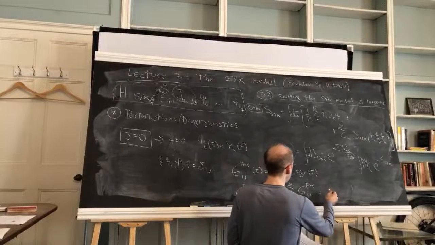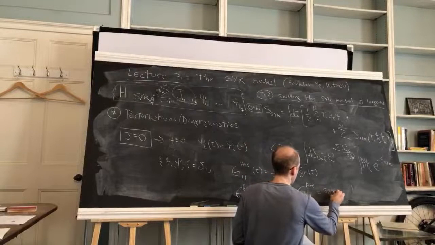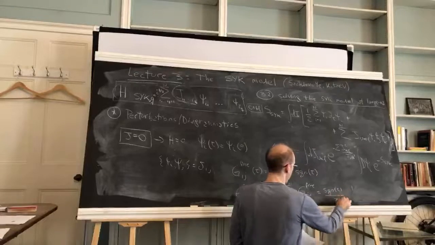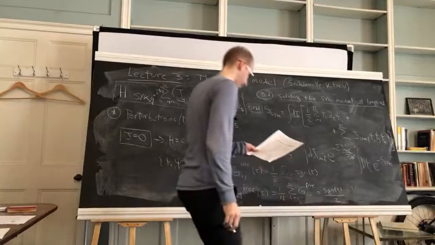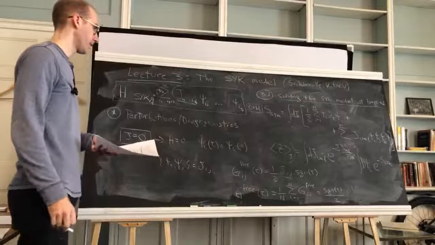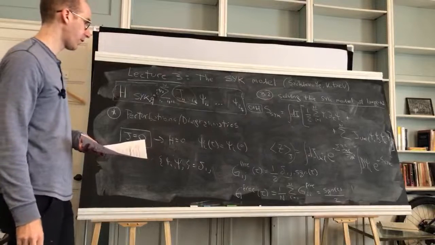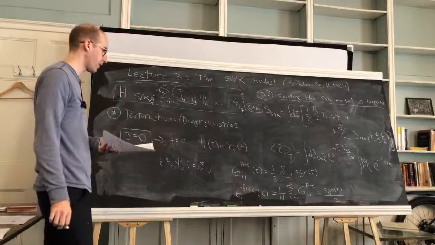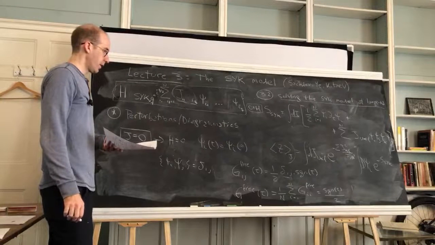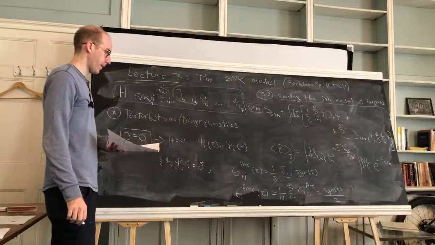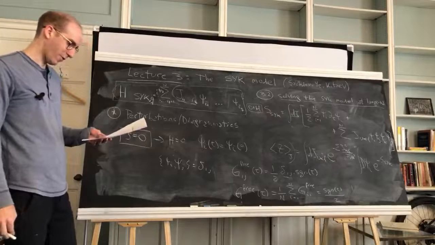And then you just get sign of tau over 2. It's antisymmetric because we are talking about fermions, so there's the sign of tau over there. And it's just 1/2.